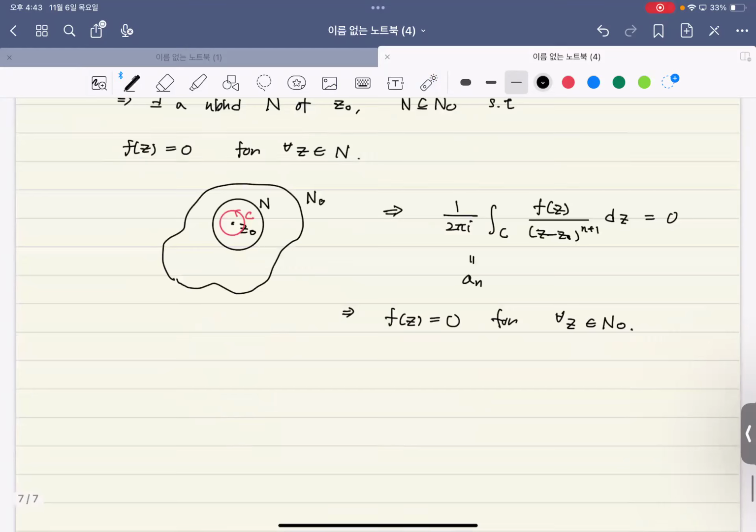Okay, so this leads us to one of the most important corollaries of complex analysis, the so-called identity theorem.